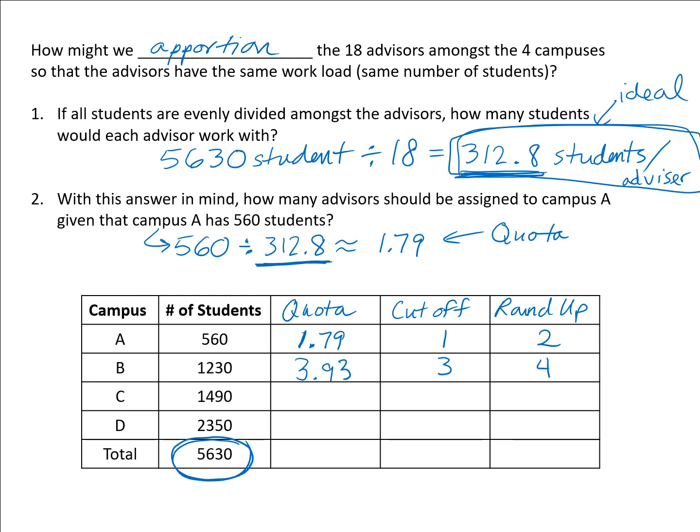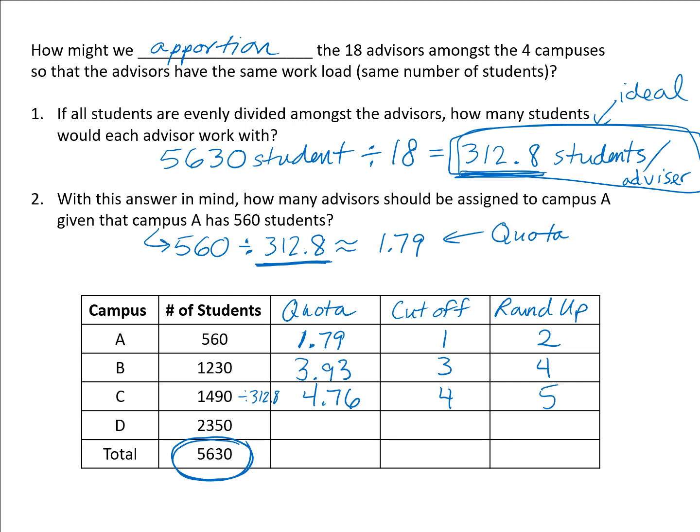Campus C, 1,490, I could again divide by 312.8 to get the quota for the advisors, which would be 4.76. Again, can't have a decimal, so if you cut the decimal off, that's 4, or 5 if you round up.